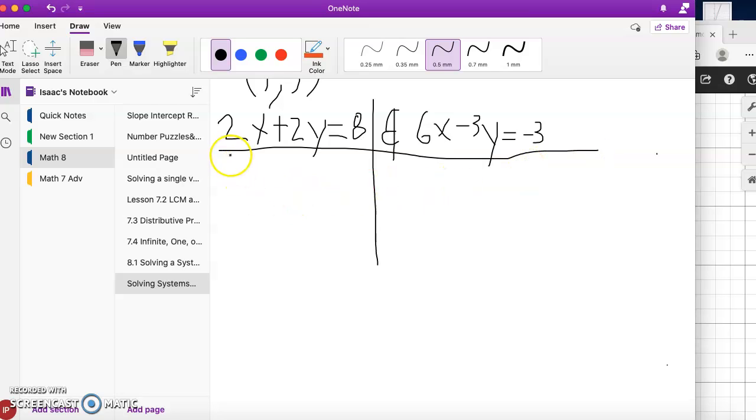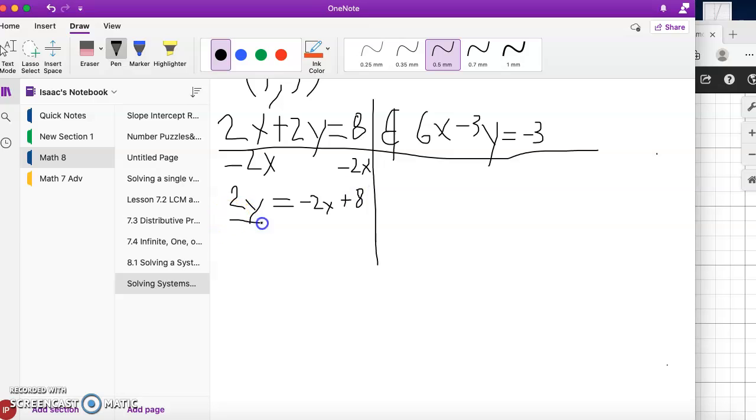All right, to put this in terms of y, let's subtract 2x from both sides. And then we've got 2y equals negative 2x plus 8.